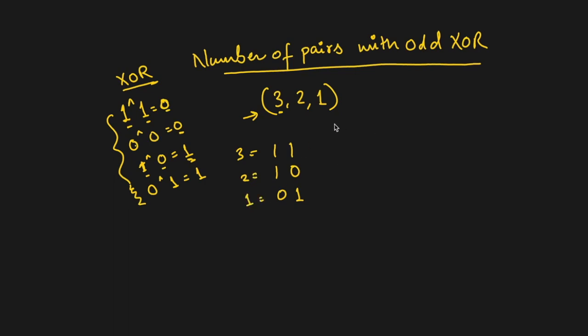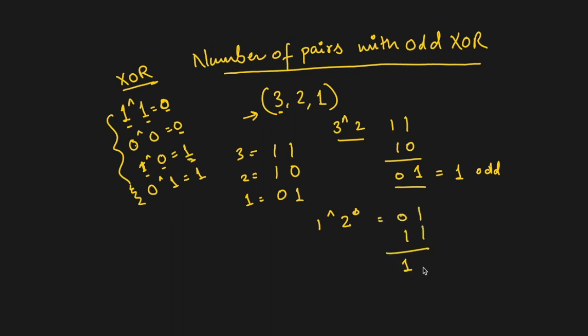So let's say 3 XOR 2, so that is 1, 1, and 1, 0. So this becomes 0 and this becomes 1. So this is 1, which is odd. Now 1 XOR 2, so 1 XOR 2 is 0, 1 and 1, 0.